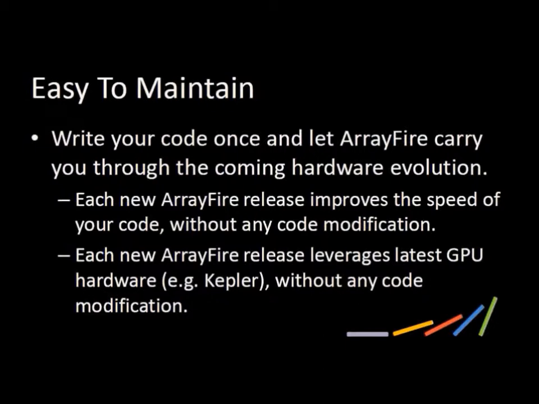For instance, we expect that NVIDIA will release its new Kepler architecture within the next year or so. When they do so, ArrayFire users will not have to do anything to change any existing ArrayFire code. All they'll have to do is install the latest version of ArrayFire and automatically get to tap into the features of the Kepler architecture.